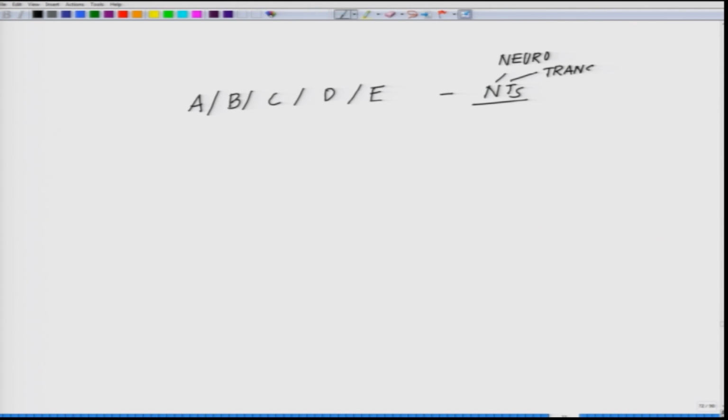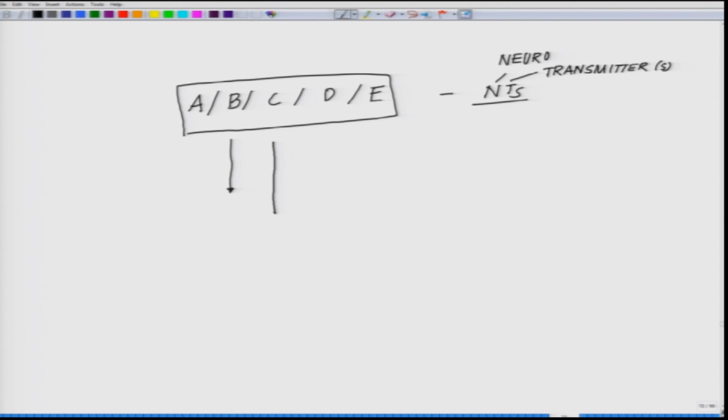Now, at birth possibly a neuron will be able to produce all these 5 in its repertoire. But as the neurons position themselves at different anatomical locations with different kinds of functionality, they eventually will have a dominant production of say either A or B or C or D or E or whatever.